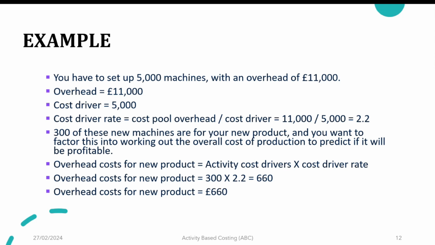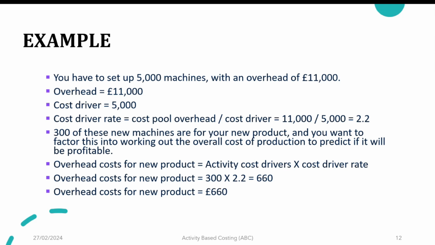And because this 5,000 machine setting up is the only supporting activity, it will impact the overall overhead. The overhead total amount comes from this 5,000 machine setting up. So the cost driver is only one, the 5,000 machine setting up.